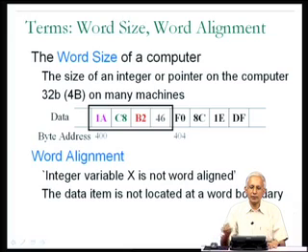Now, if we look at the entity which has been darkened in the diagram above, you'll notice that it is 4 bytes in size, which is 32 bits in size, and it seems to start at the address 400, going on until the address 403. The key thing to note is that it starts at the address 400, and therefore the next entity in memory would start at the address 404.